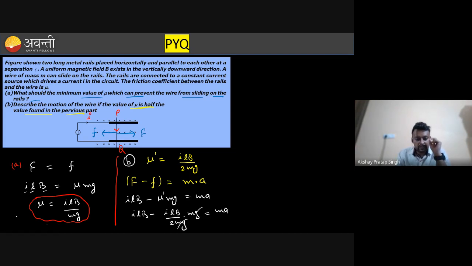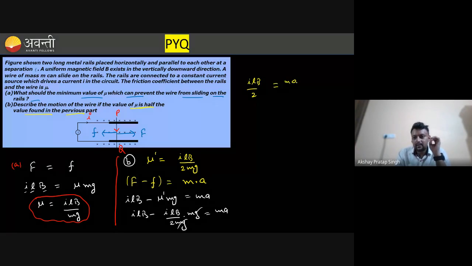At any point, you can ask if you have faced any doubt. So what's remaining? ILB minus ILB by 2, that means ILB by 2, is equal to ma. So what is acceleration? ILB by 2m. This is the acceleration of the particle.